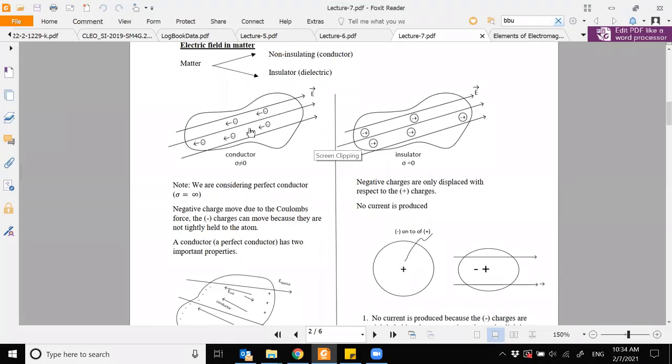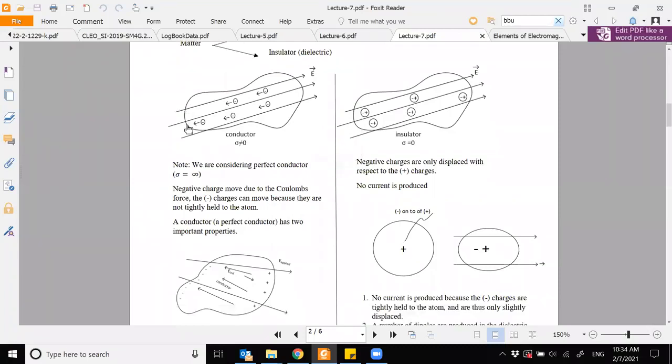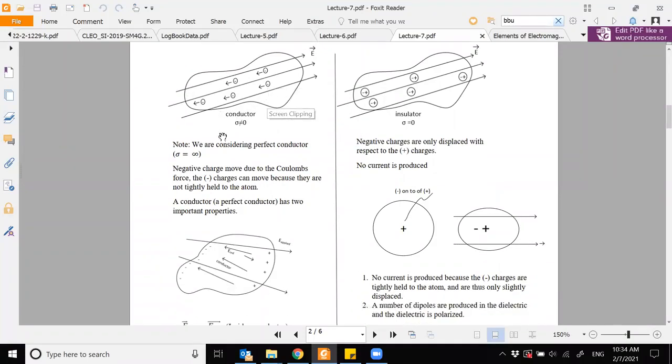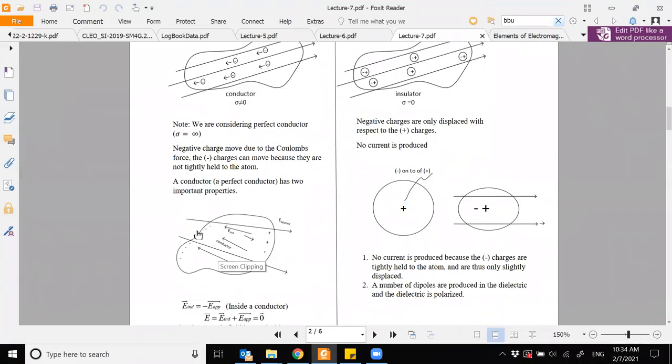So if the electric field is going here, then the electrons are pushed in this way. Then what will happen? At one end of the conductor, according to where the electric field is, all these negative charges, our electrons, will be accumulated. And then if the electrons are accumulated here, then automatically the positive charges will be accumulated here.